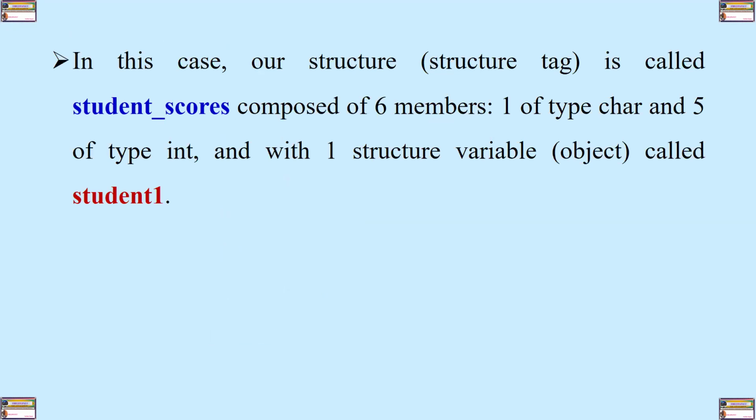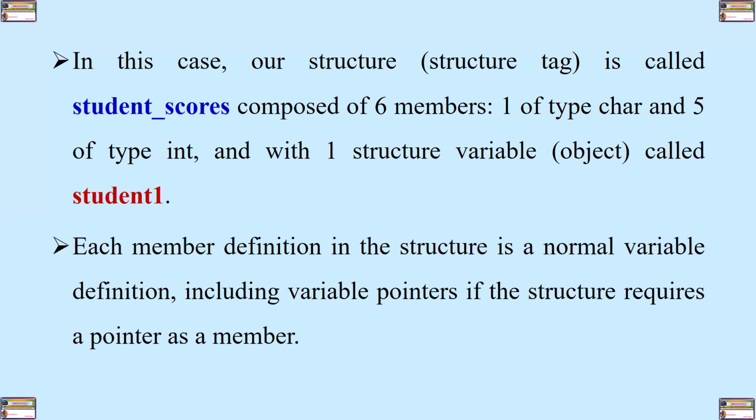In this case, our structure tag is called student scores. As you have seen, it is composed of 6 members, whereby one member is of type char and 5 are of type int. And we have one structure variable, or what we call an object, called student1. Each member definition in the structure is a normal variable definition, including pointers if the structure requires a pointer as a member.